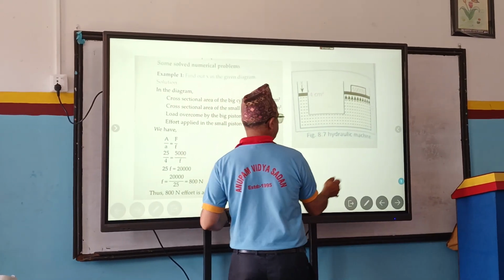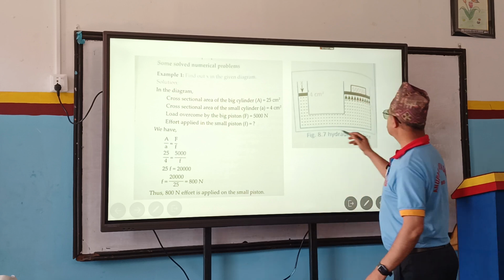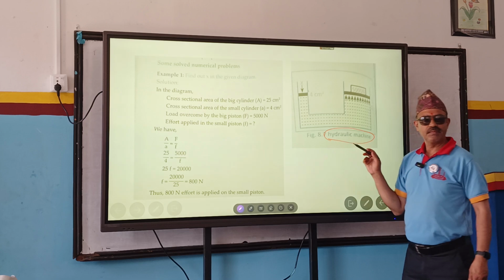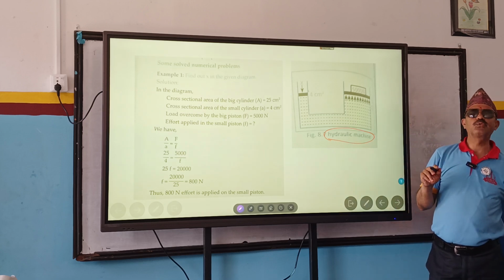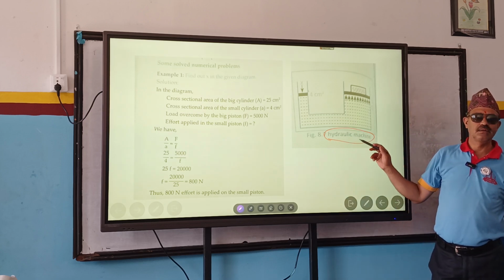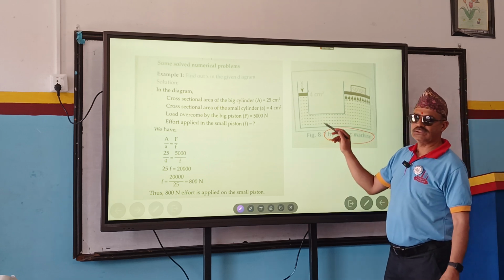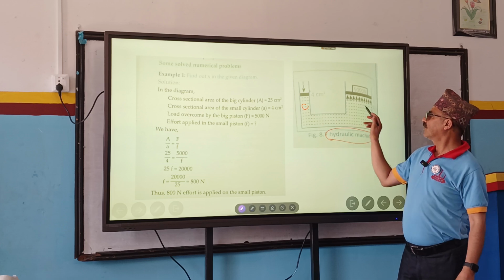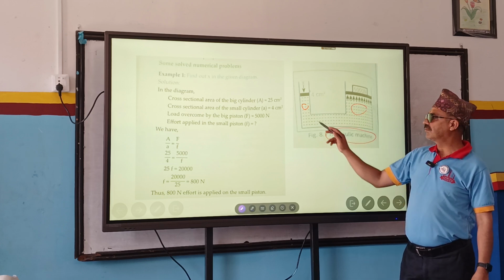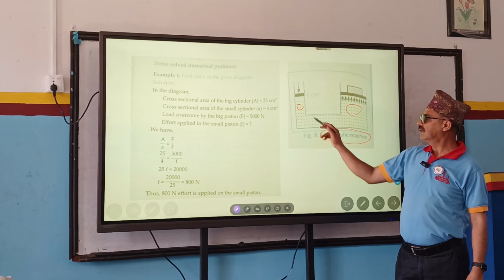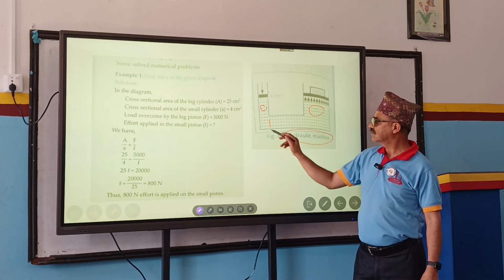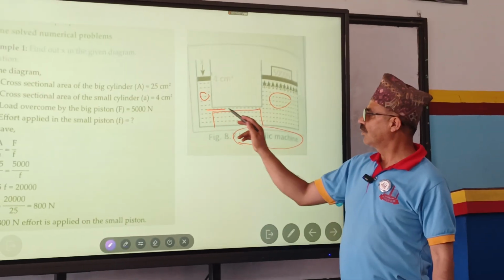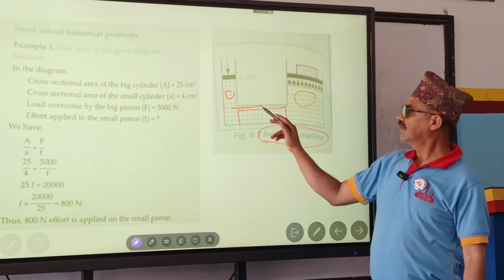Remember, this is the diagram of what? Hydraulic machine. Why is it called hydraulic machine? Hydro means water. What is used here? Water. The hydraulic machine contains two cylinders, one smaller and another bigger, connected by a pipe, and liquid can go through it.